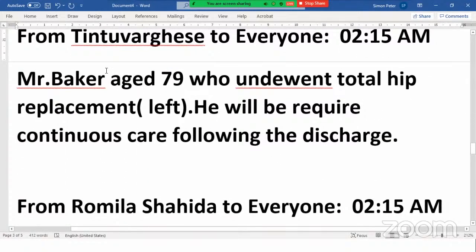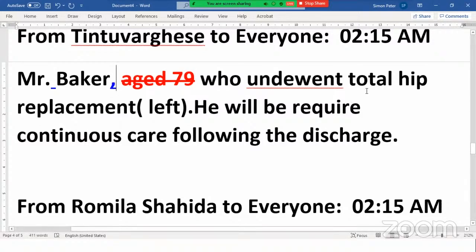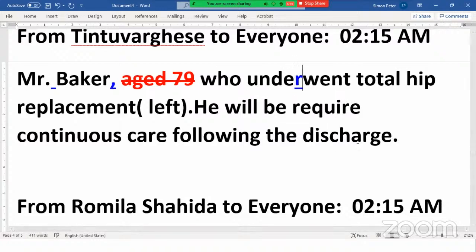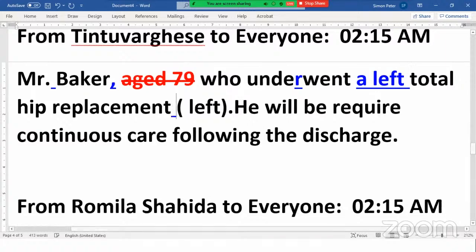Into Varghese. Mr. Baker, space is needed after full stop. Mr. Baker, aged 79 is not necessary because you have already written it in the regarding line. Mr. Baker, who underwent, spelling mistake. Left total hip replacement is important, so no need to put it in brackets. It should be out of the brackets.